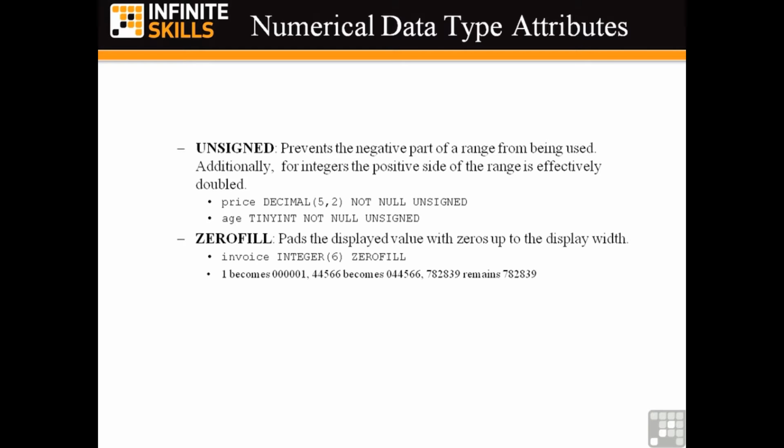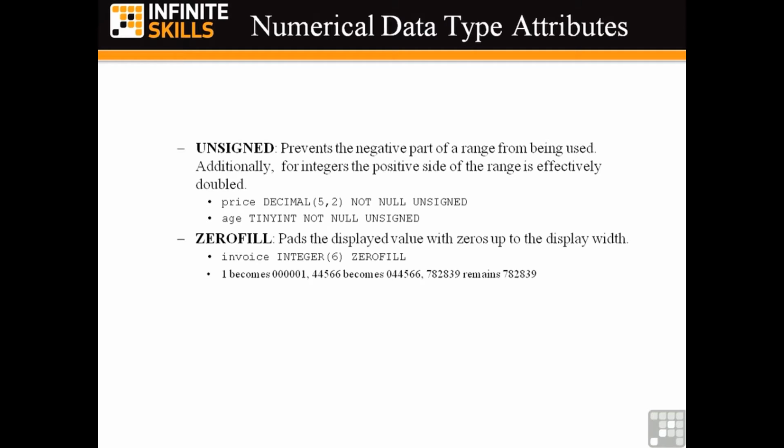Therefore, 1 becomes 0, 0, 0, 0, 0, 1, and so on. You can see 2 other examples here, including the last one, which notably is not padded with zeros because the number already consists of 6 digits.